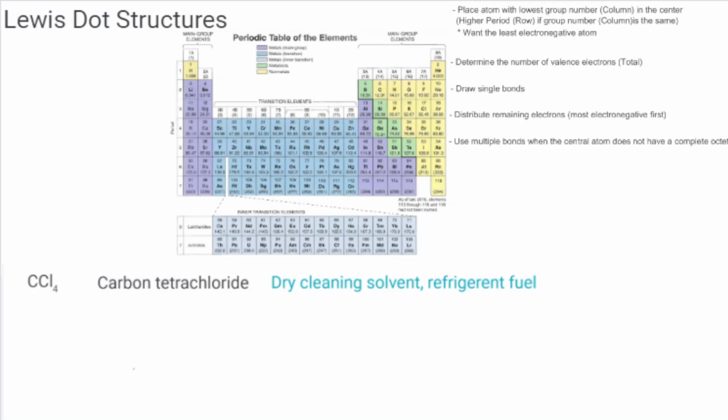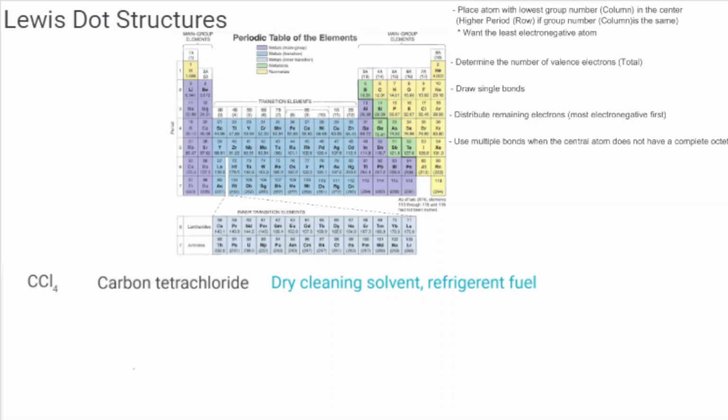So for carbon tetrachloride, we're going to go through and follow our rules over here that we went through in the last video. So the first thing we want to do is place the atom with the lowest electronegativity in the center of our species. To do that, we need to figure out which one is the most electronegative.